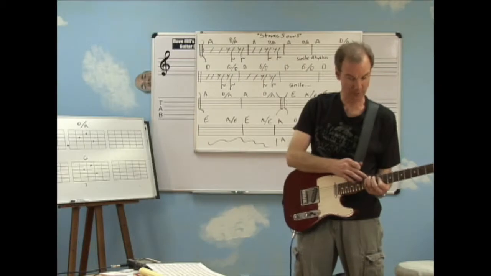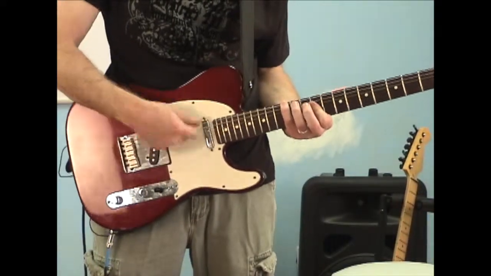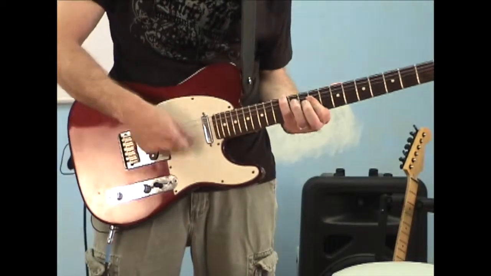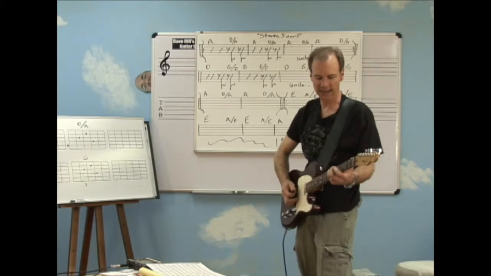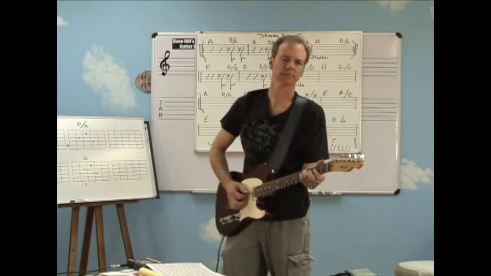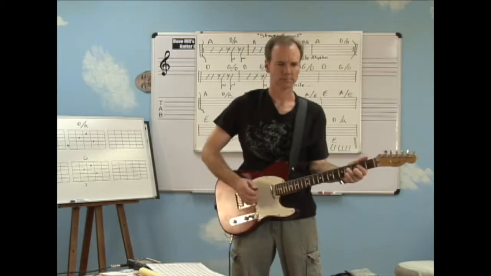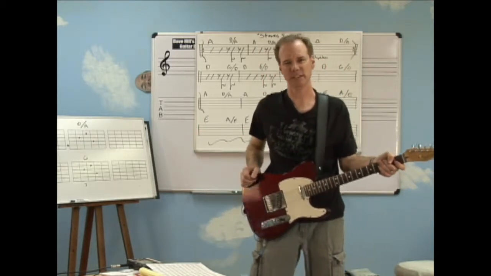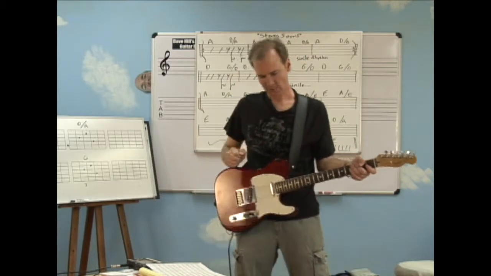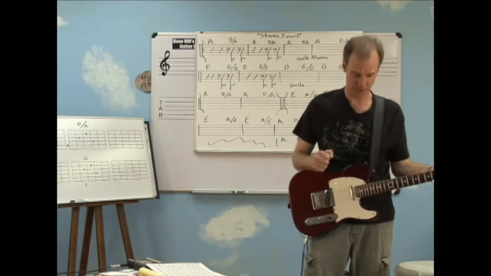And once again, if I wanted to include the root, I could just play it here. I go back to A again. And I go back to the E just to drive it home. Okay? So let's listen to how that's going to sound with our drums and get a little bit more of a feel for the tune.